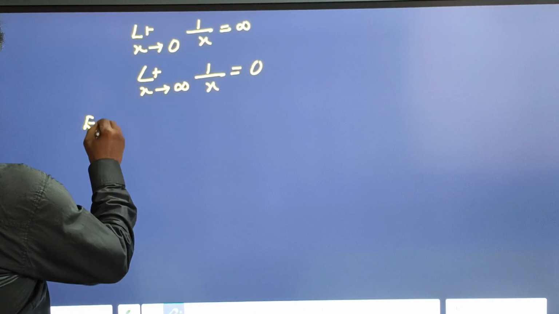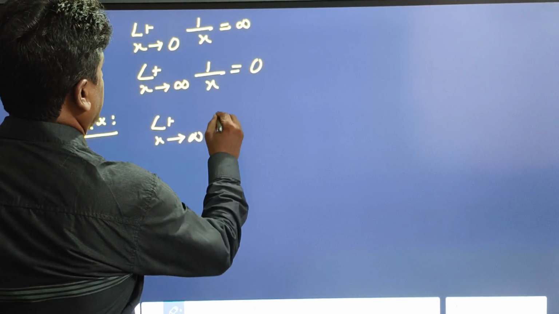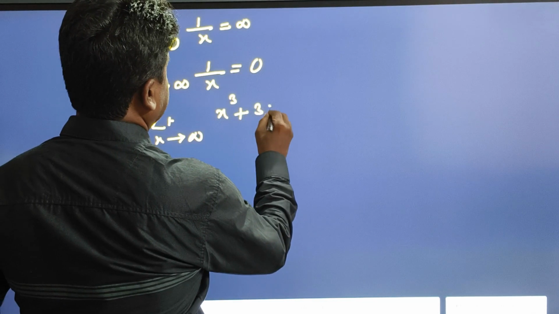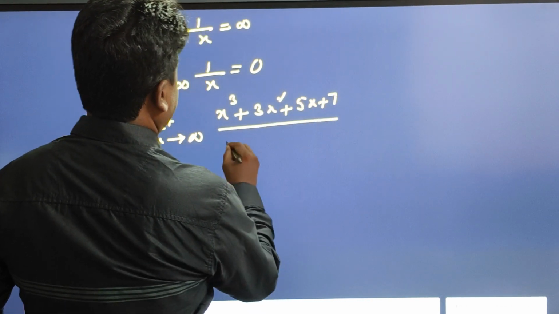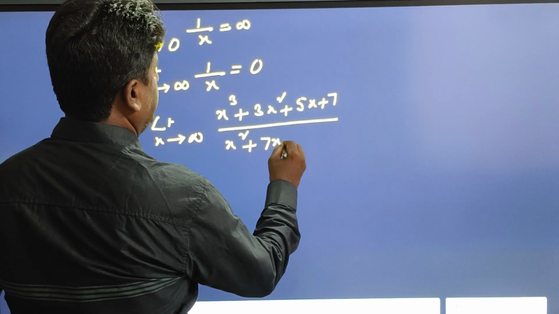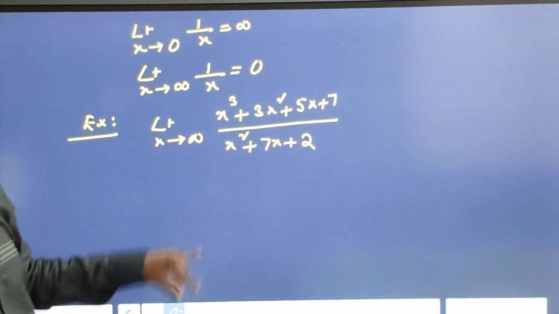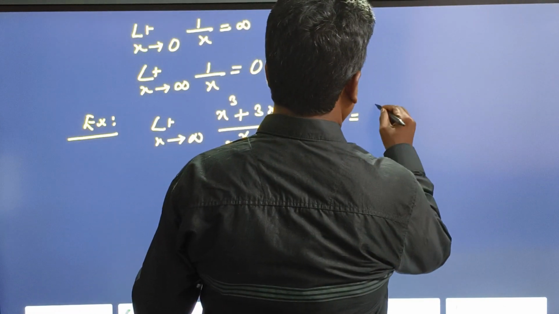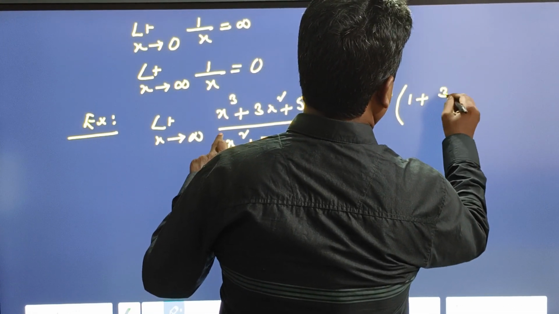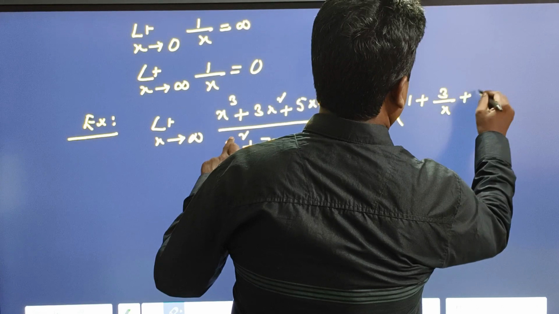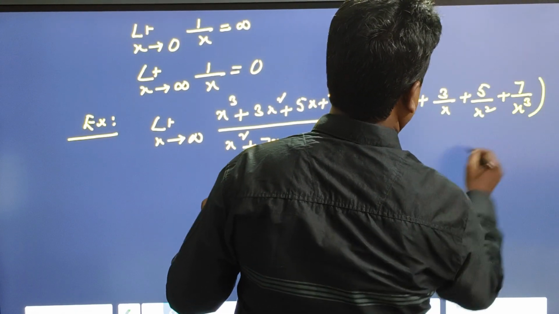Suppose, for example, limit x tends to infinity, x cube plus 3x square plus 5x plus 7 by x square plus 7x plus 2. In order to solve such questions, in the numerator, x cube taken out common, 1 plus 3 by x plus 5 by x square plus 7 by x cube.